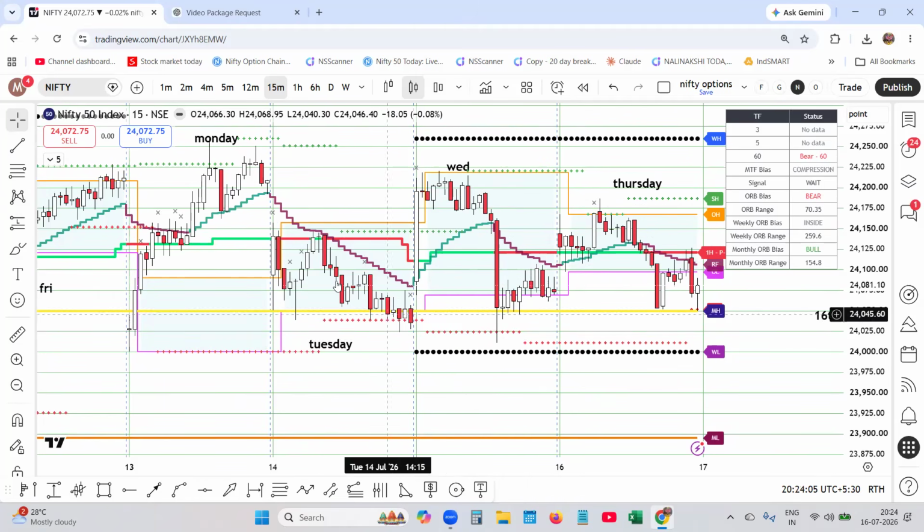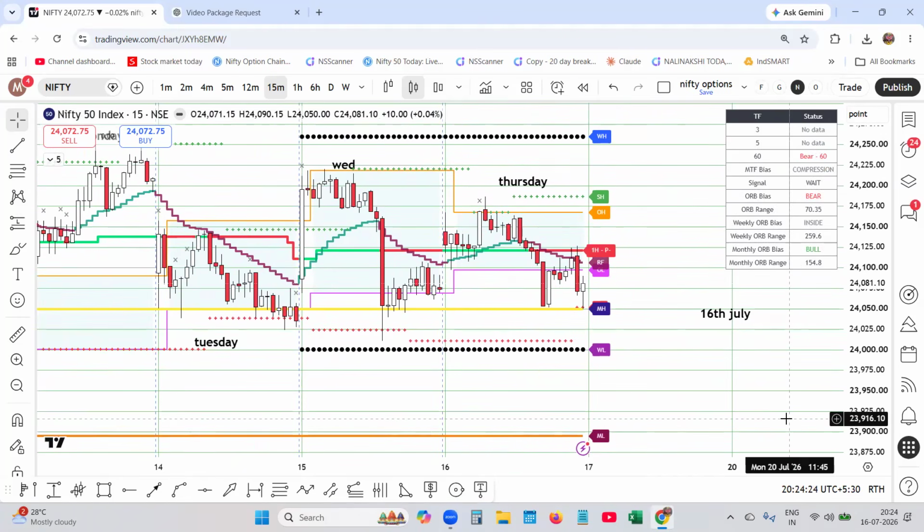Wednesday, Thursday, Monday, Tuesday, Wednesday, Thursday. This is the weekly low. It is within the range, price is moving. It is like a liquidity ping pong, what is happening in the market. Market is not finding any direction over here.